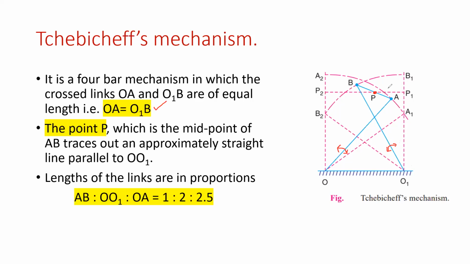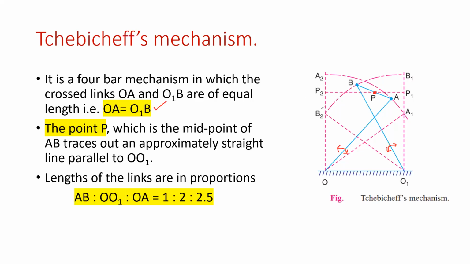And meanwhile, you can say this is the path of point B, B1, B2, and the path of point A. So it is also a circular arc, A1, A2, and meanwhile the point P will have a to and fro motion between point P1 and point P2.